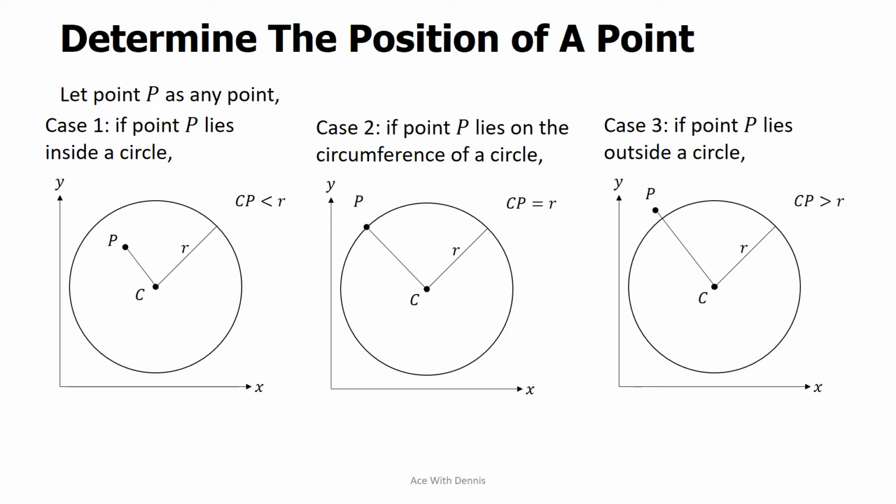We can see that CP is greater than r. So from here, we can determine whether the point P is inside a circle, on the circumference of a circle, or outside of a circle by comparing the line CP with the radius of the circle.